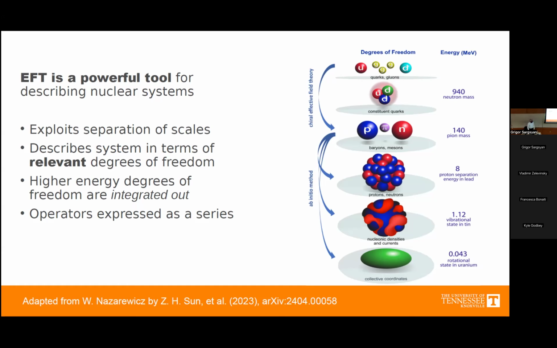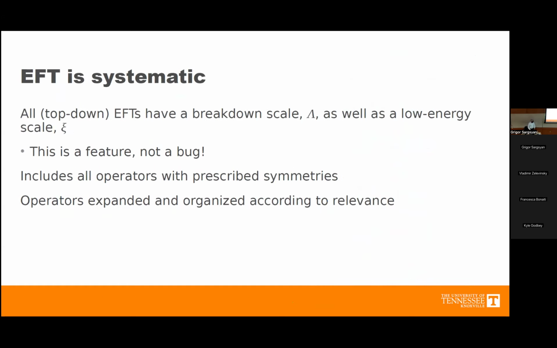And specifically in quantum systems, such as nuclei, we are expressing operators as systematically improvable series.